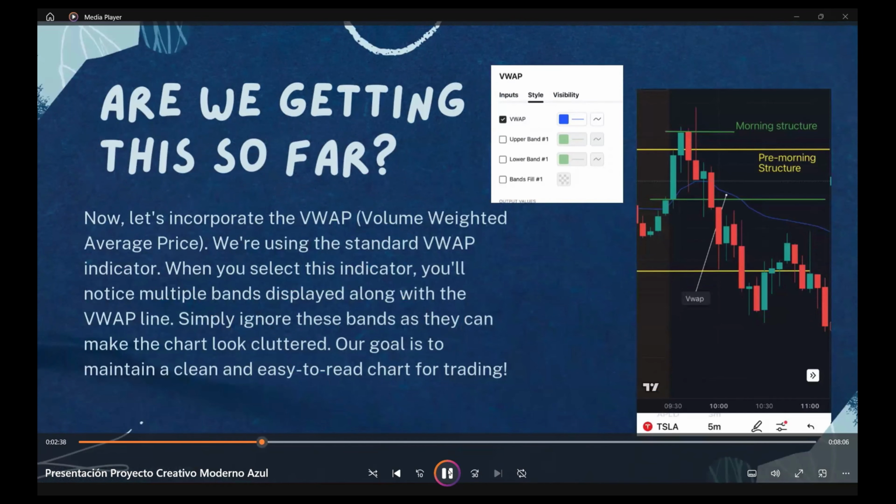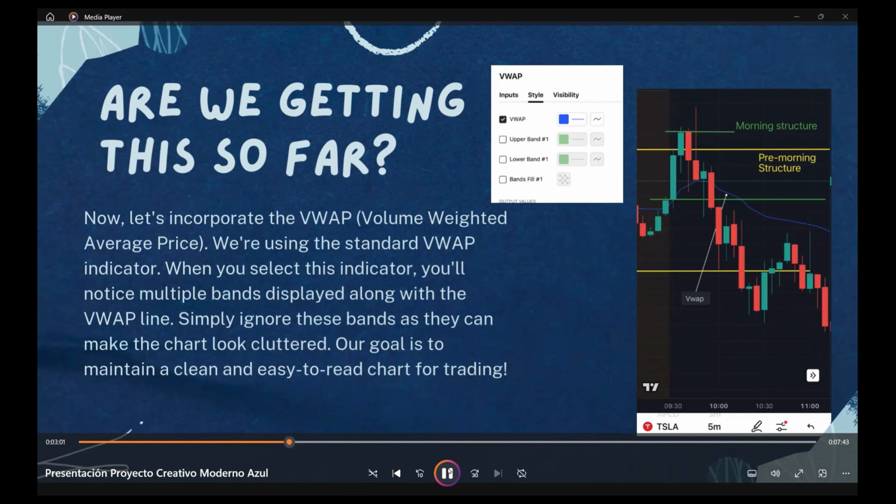On the same page, we already established our morning structures and our pre-morning structures. We are going to use our VWAP. This is just the default VWAP, nothing fancy. I took a screenshot at the top to show you that we had deselected the upper and lower bands to keep the chart clean and easy to read.